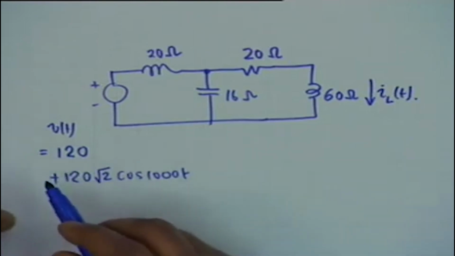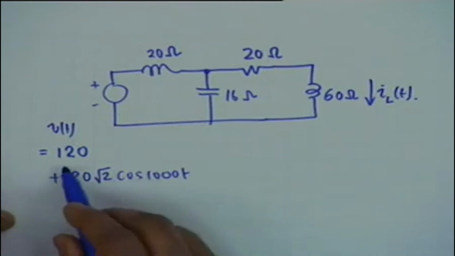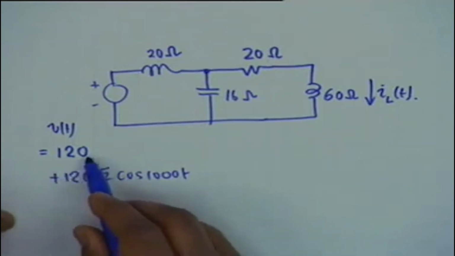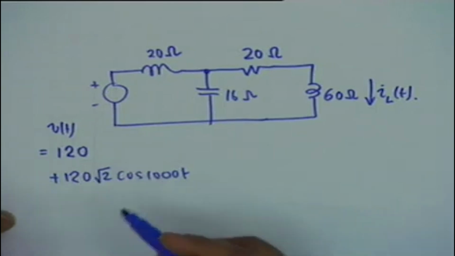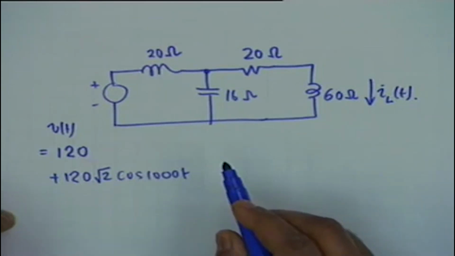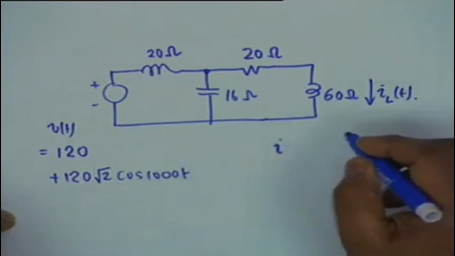Since we want to do this by utilizing the superposition theorem, and since the source consists of two sources, one is 120 DC and the other an AC, we can find out the response IL in two steps.